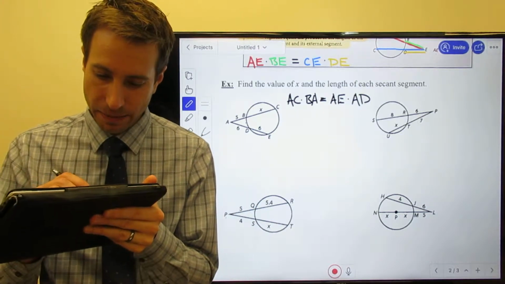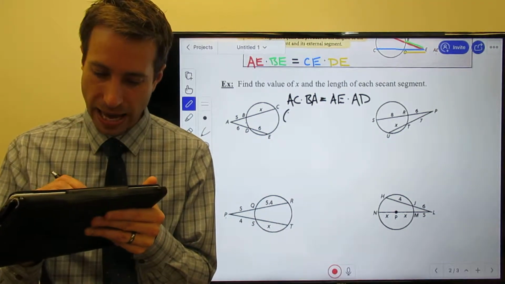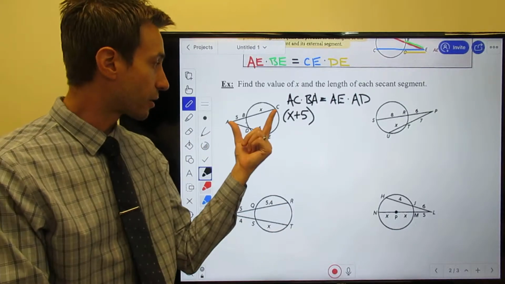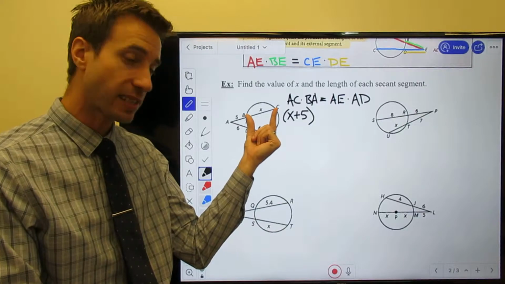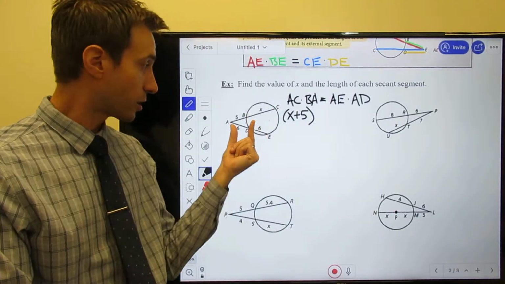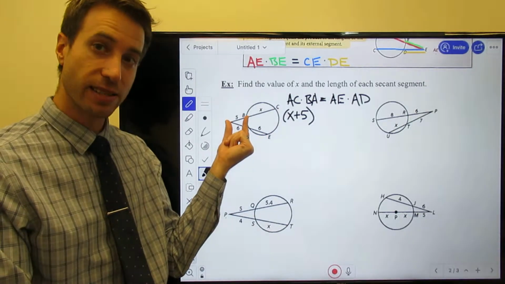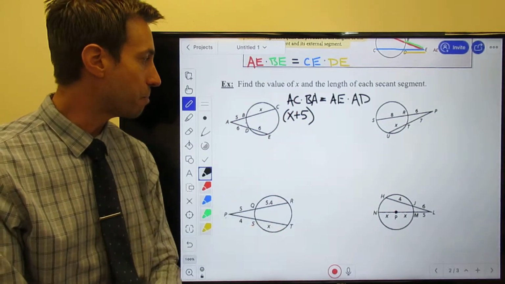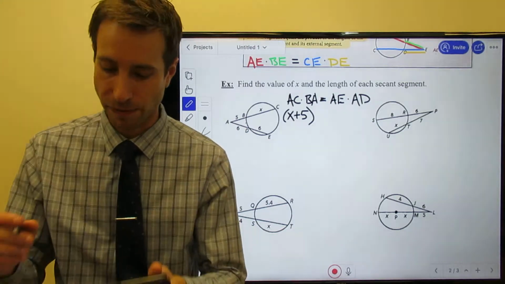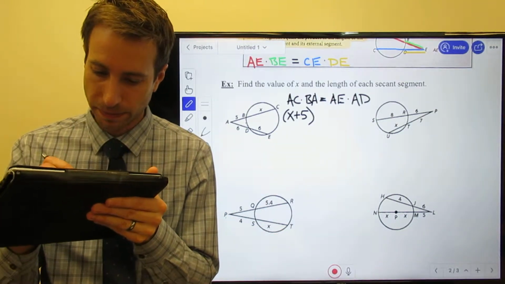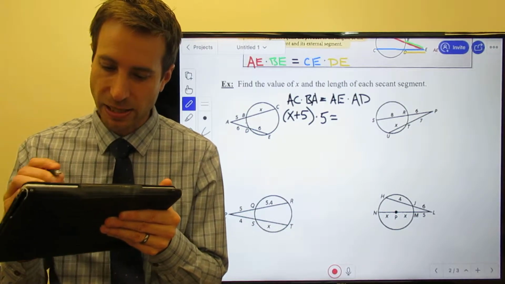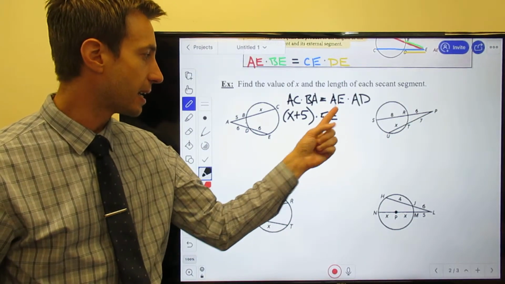So AC is actually x plus 5. I multiply that by BA, which is 5. That all has to be equal to AE.